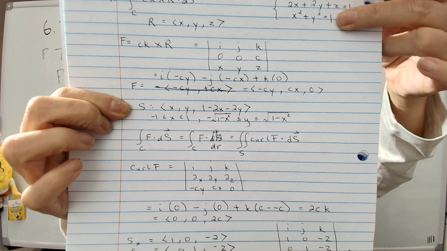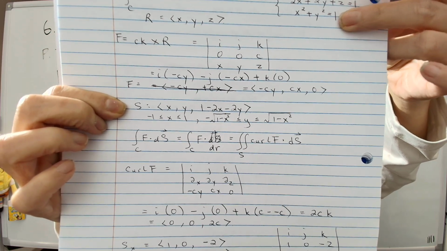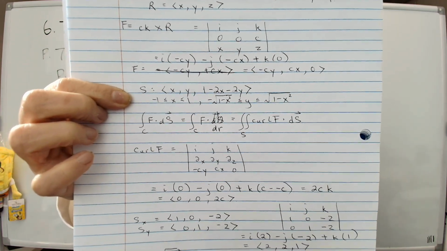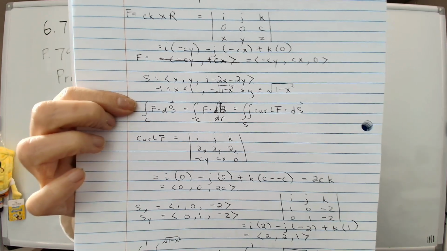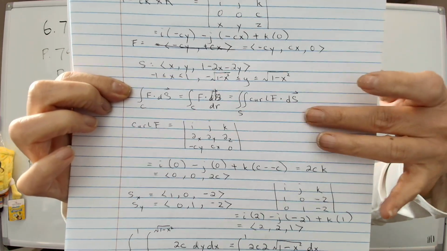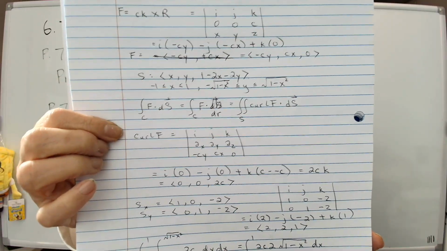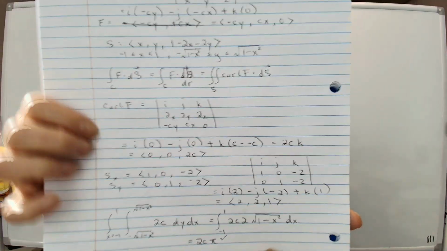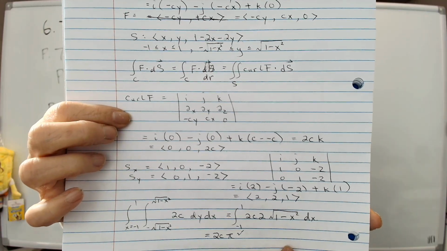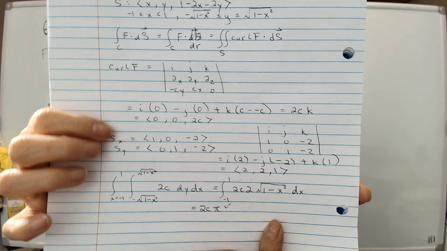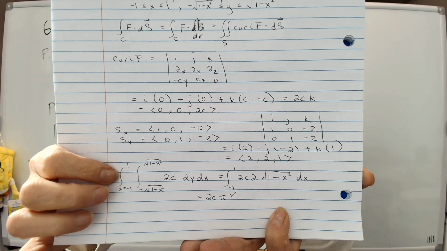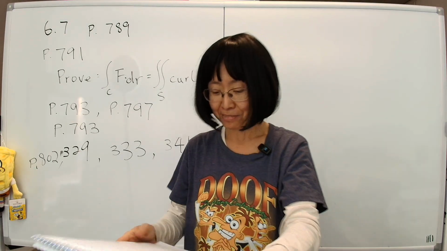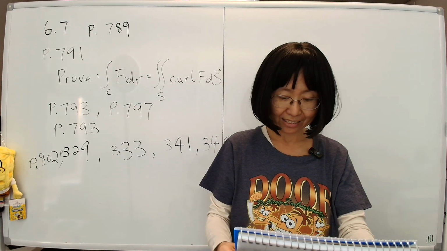Okay, y will be the square root of 1 minus x squared, from negative to positive. So that's how I'm going to do that. And so now that I've got the surface, and I know what this means, we're going to calculate curl F dot dS, all right, which is that thing. Okay, and then from then on, it's just doing the same thing we've always done, and do the integration, and it came out to 2 pi, and that is the answer at the back of the book. So that's that.